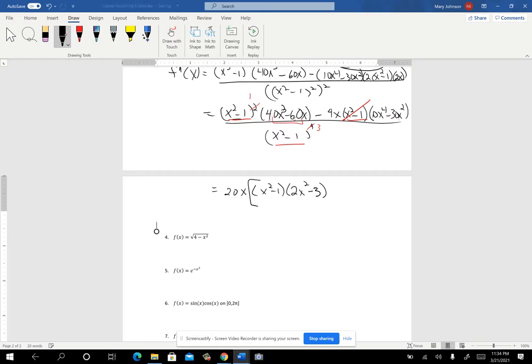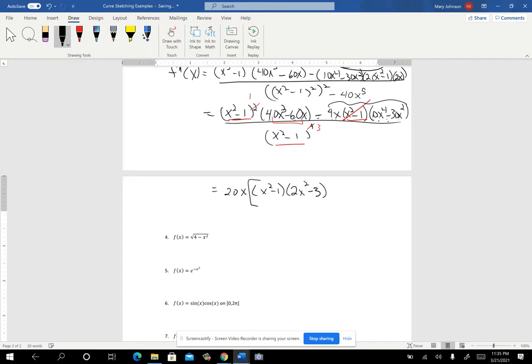So that's that part. And then if I take a 20x from this area, it might help if I work that out up here. So this up here is a 4x times that. So that's 4x times 10. That's 40x to the fifth. And this minus goes there. So that's a minus 40x to the fifth.